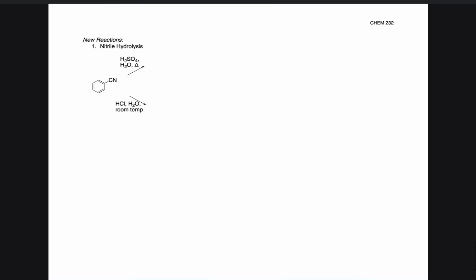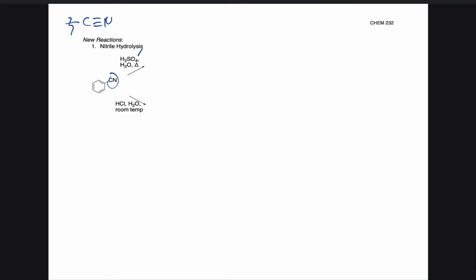And so some new ways that we can make carboxylic acids is with the cyano group, this nitrile group. Remembering that CN is this carbon triple bonded to a nitrogen. We've seen a few different reactions involved in them already, and there's two different ways we can transform them here. Notice we have similar conditions above these arrows I've listed.